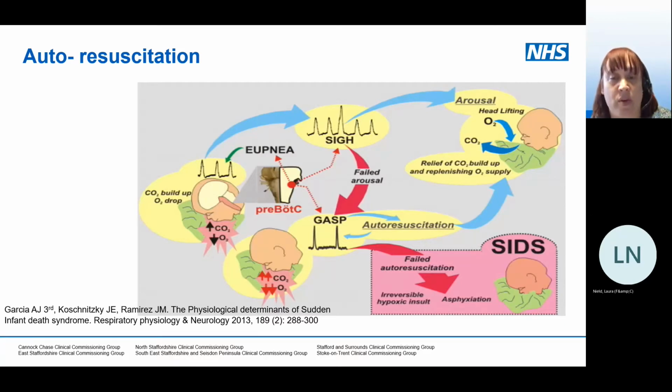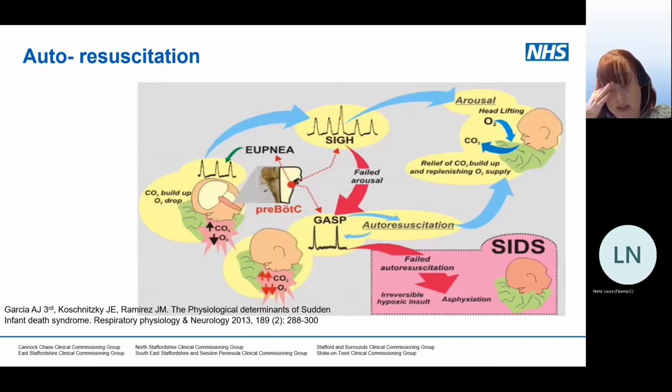If you follow through the red arrows rather than the blue, the oxygen levels drop, the carbon dioxide levels increase, but the baby doesn't sigh, doesn't rouse, doesn't gasp, and that's where the auto-resuscitation fails.